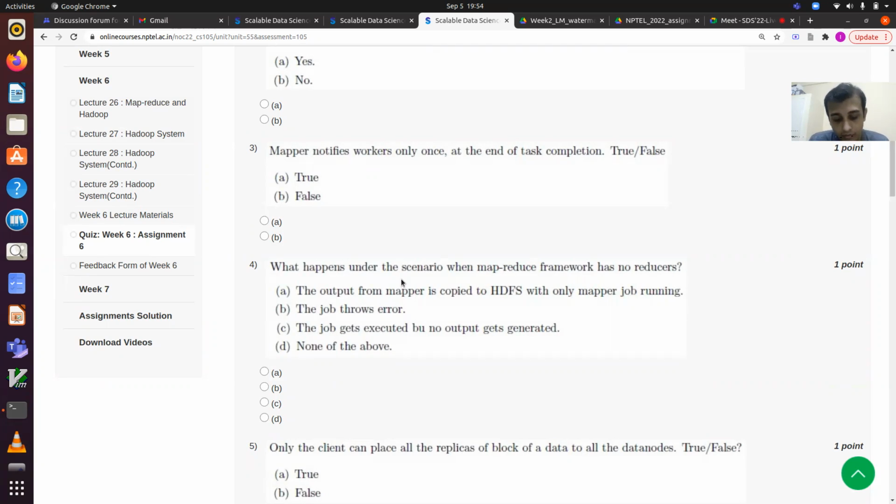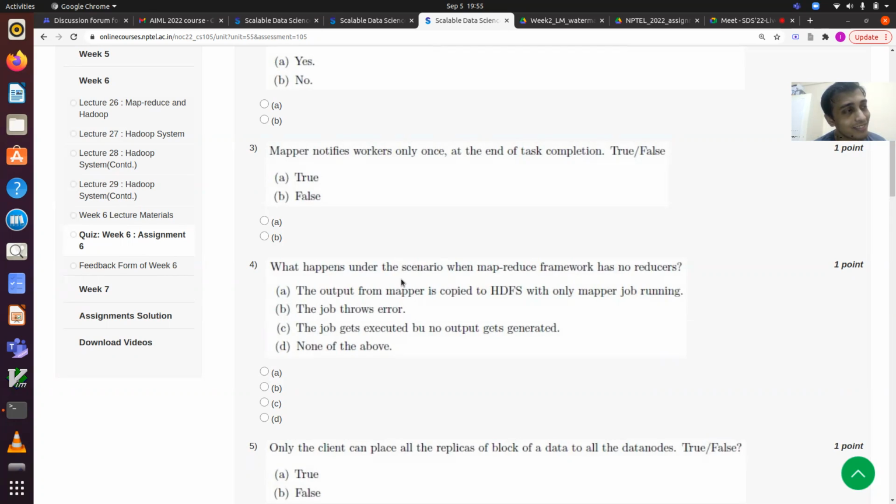Sir, the way the question is given, I couldn't understand it. I've gone through a lot of theory, but I couldn't understand this question. Mapper notifies workers only once, then the task completion: true or false. What is the problem with this question? Sir, the problem is that at the end of task completion it notifies again and again, not only once. So it is false, sir.